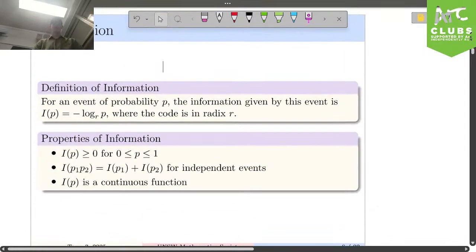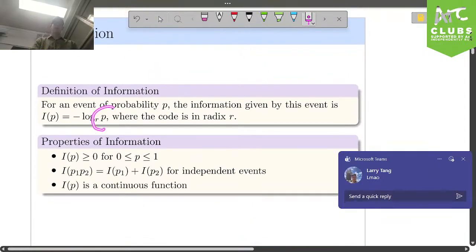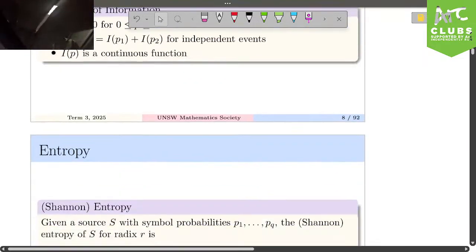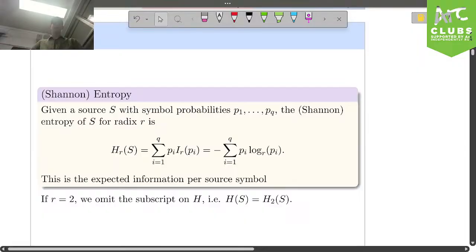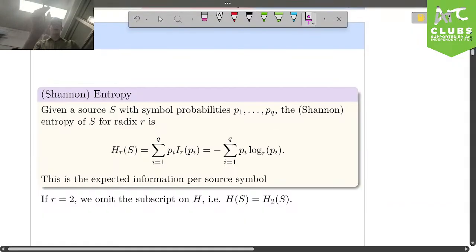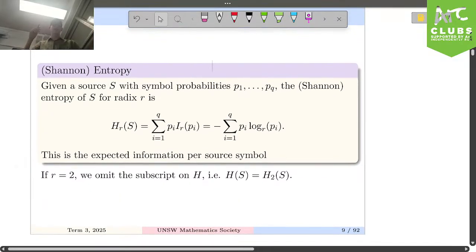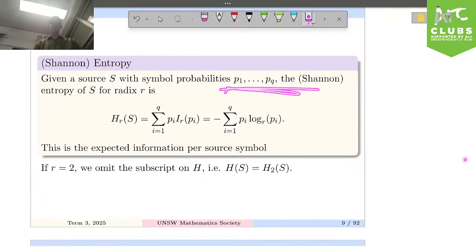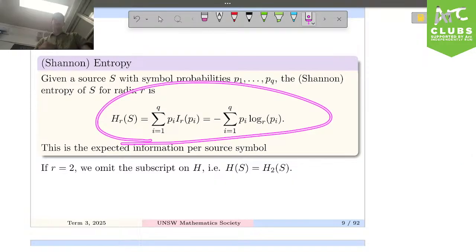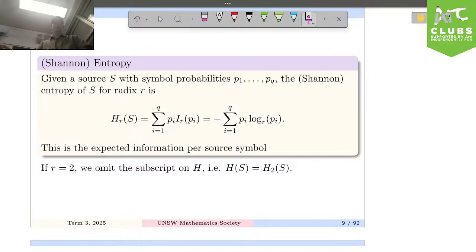So for a specific event with probability P, if we're looking at all the different events that occur, so all the probabilities add up to 1, for instance, say all the different source symbols we can get with respective probabilities adding up to 1, then the entropy will be the expected value of the information for each of those respective source symbols that we get.